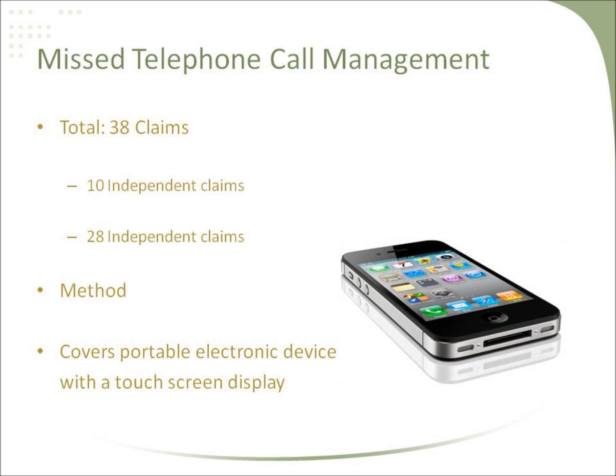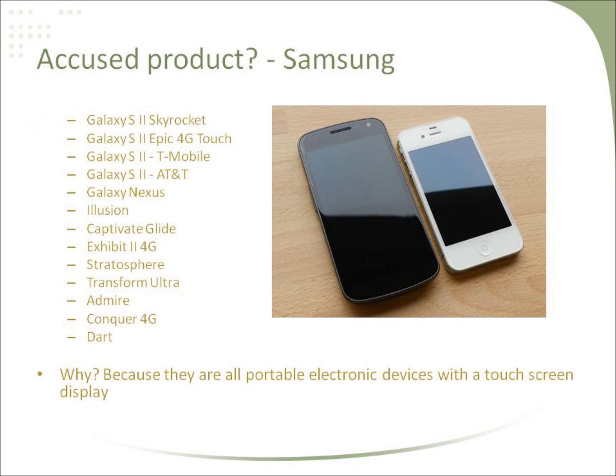The claims are mostly covering a method, and it covers any portable electronic device with a touchscreen display. Since this patent is from Apple, the first thing that came to mind is surely the iPhone, the iTouch or the iPad, because these are all portable electronic devices with a touchscreen display.